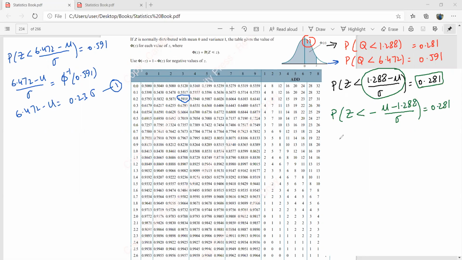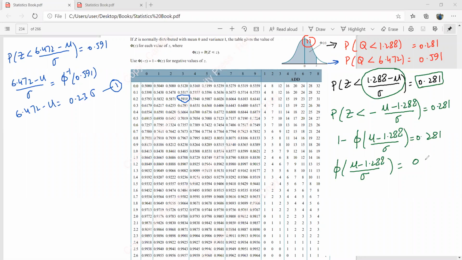So this is going to be 1 minus phi of mu minus 1.288 over the sigma, that is 0.281, and this phi of mu minus 1.288 over sigma is 1 minus 0.281, and I get 0.719.